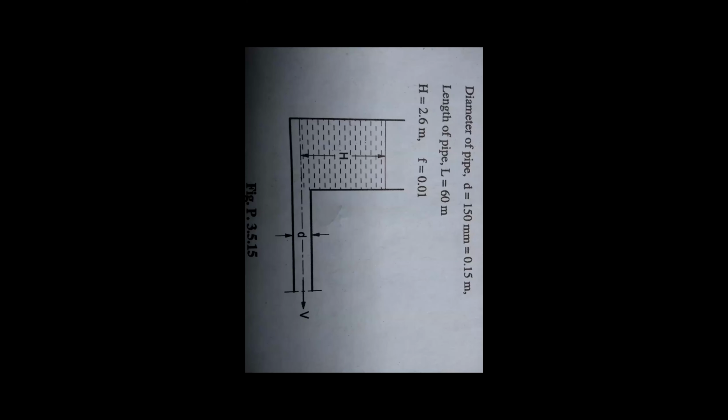We need to consider only the loss at the entrance and the loss at the exit, because they have given the length of this pipe. During this travel of the fluid, there is no diameter change. The diameter is constant. Sudden contraction and sudden expansion are nowhere in the question. So we just have to calculate the loss at the entrance and the loss at the exit.